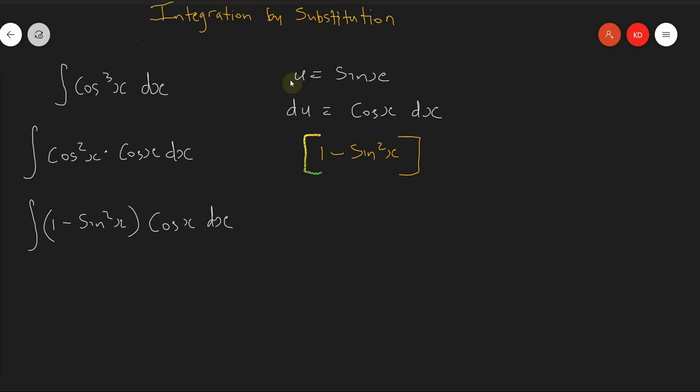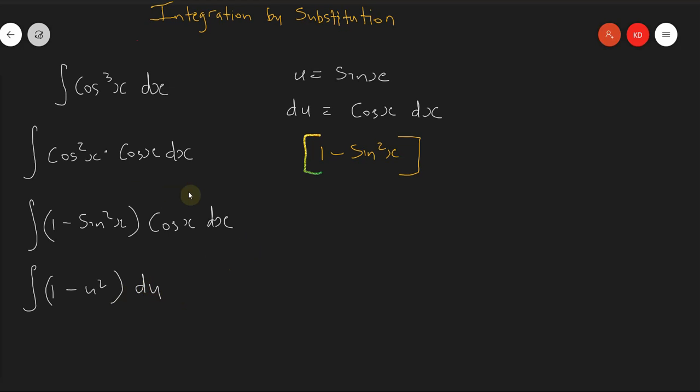That is, if we square both sides. So therefore, we would have the integral of 1 minus u squared, right, and then cos x dx would simply be du.